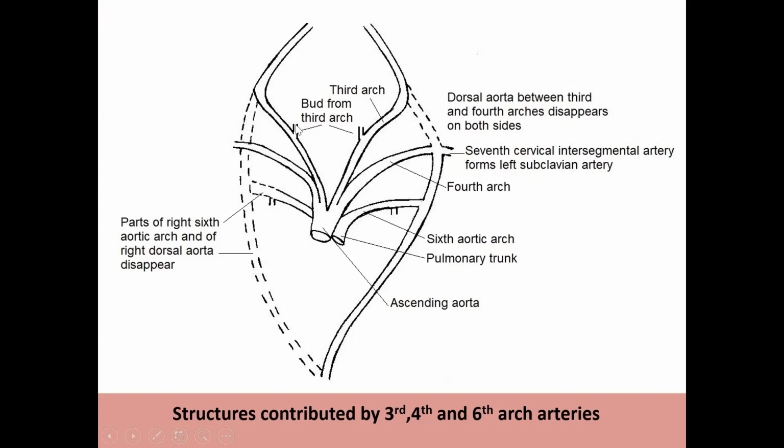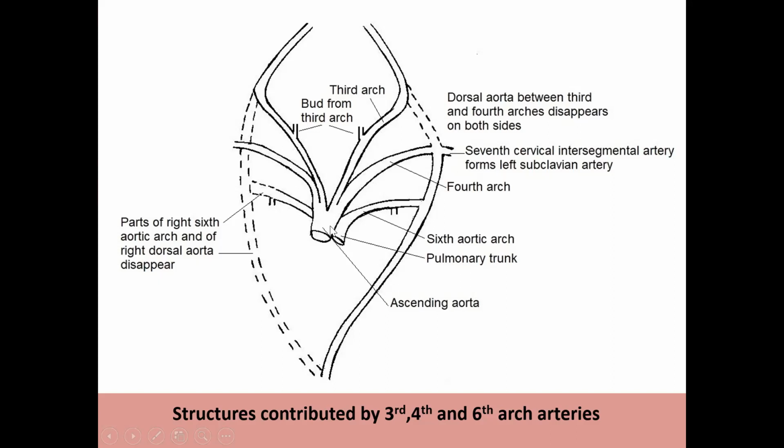This is the bud for the external carotid artery. So the right third arch artery gives rise to the right common carotid artery and the proximal part of the right internal carotid artery, while the right fourth arch artery gives rise to the proximal part of the right subclavian artery.